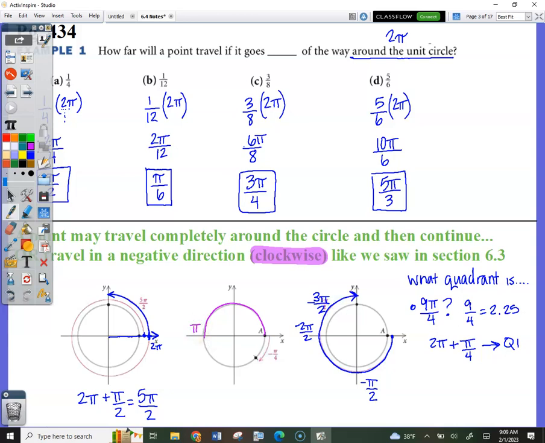And we said if you cut it into fourths, like that, this would be 1 pi over 4, 2 pi over 4, 3 pi over 4, 4 pi over 4, it's a 1, see? 5 pi over 4, 6 pi over 4, 7 pi over 4, you see where this is going? 8 pi over 4, it's a 2, 9 pi over 4.